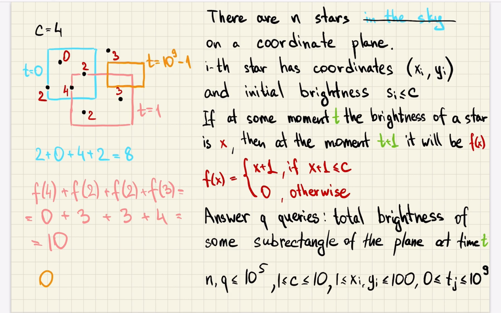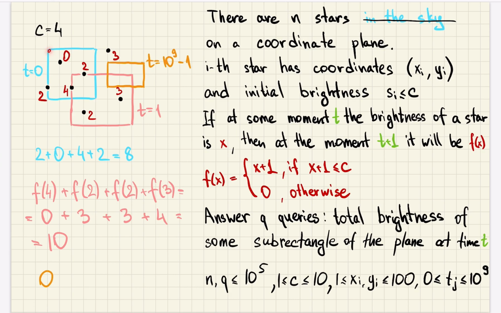On the left, you can see an example. C is equal to 4. Here we have some stars as black points and their initial brightnesses in red next to them, and we have 3 queries.